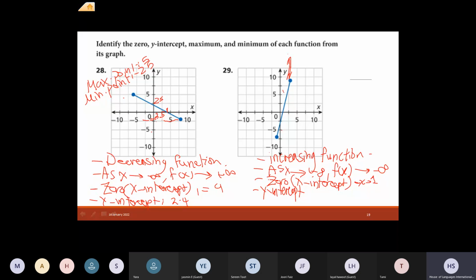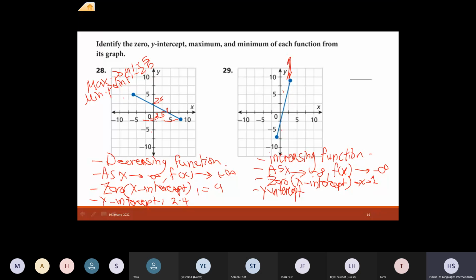Where it cuts the y-axis. The first one was the same. The second one is not the same. So the zero here must not be negative 1. It must be at negative 2.5.